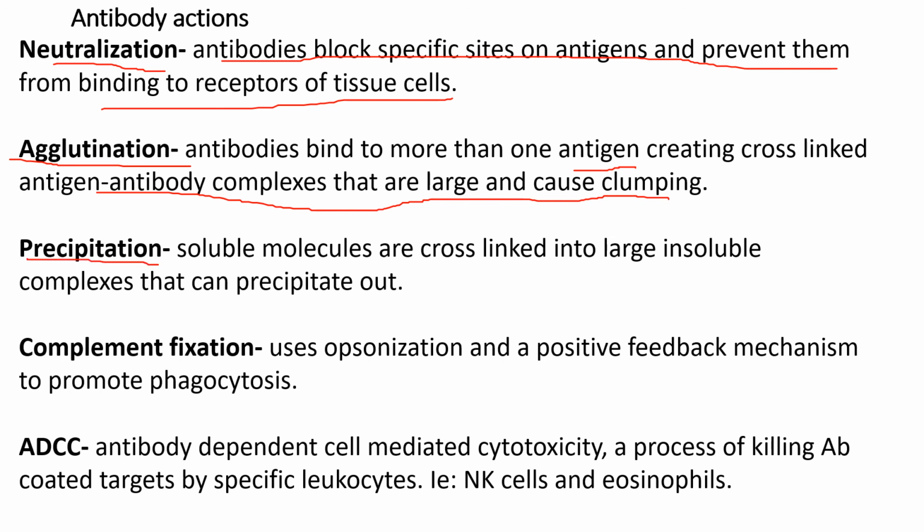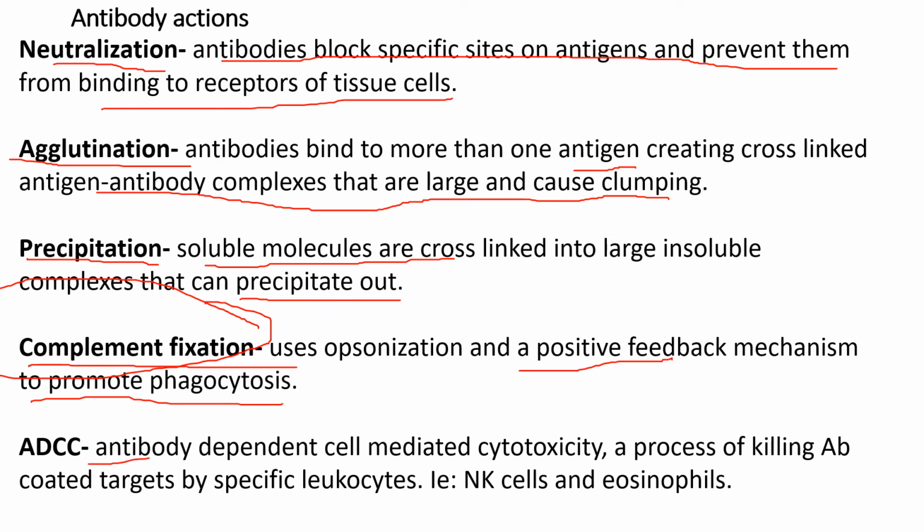Precipitation, it can actually go after soluble molecules and do the same thing and cause them to precipitate out. And antibodies can use opsonization and a positive feedback mechanism to promote phagocytosis by helping complement fixation.